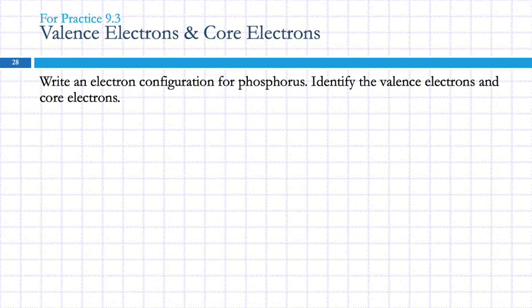So write an electron configuration for phosphorus, identify the valence electrons and core electrons. I'm going to do an orbital diagram first because I think we maybe still need pictures. So phosphorus, how many electrons? 15, right? Phosphorus equals 15 electrons.